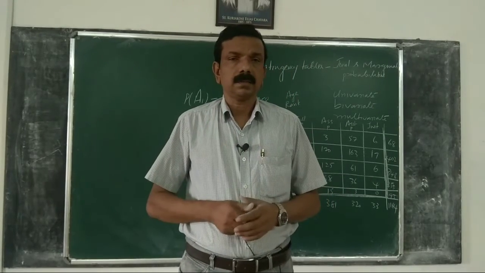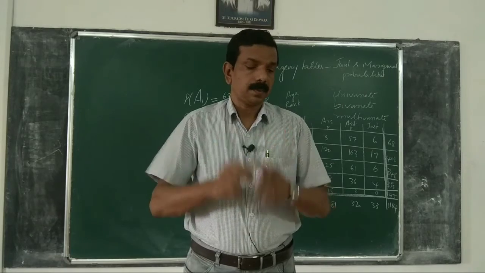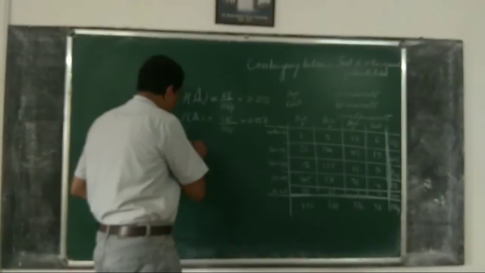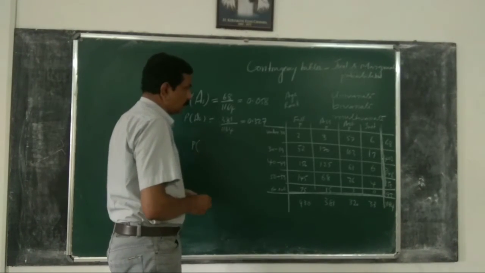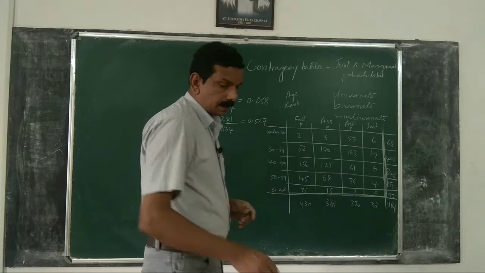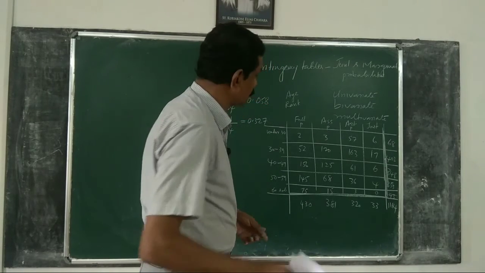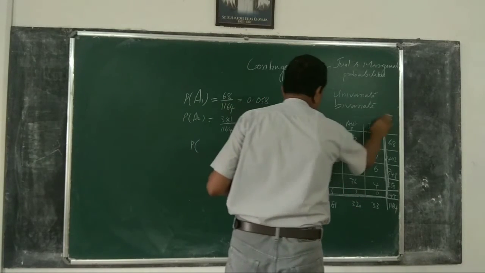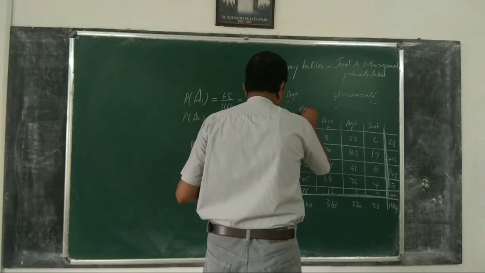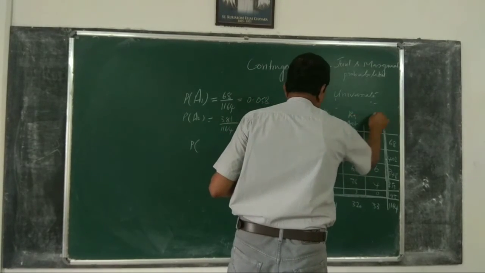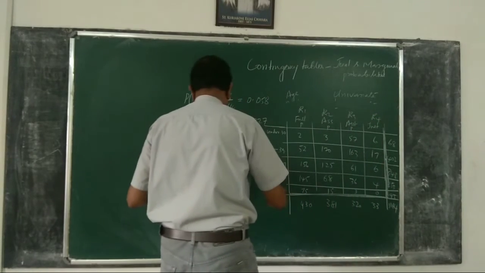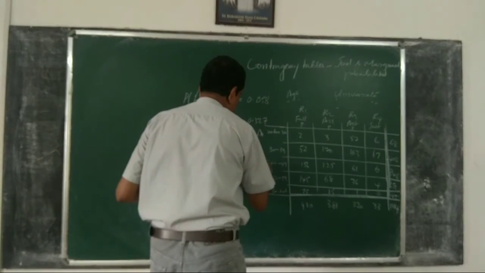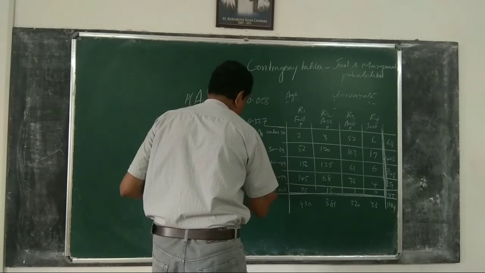We can also find joint probabilities. For example, what is the joint probability? For convenience I give R1, R2, R3, R4. Then these are A1, A2, A3, A4, A5.